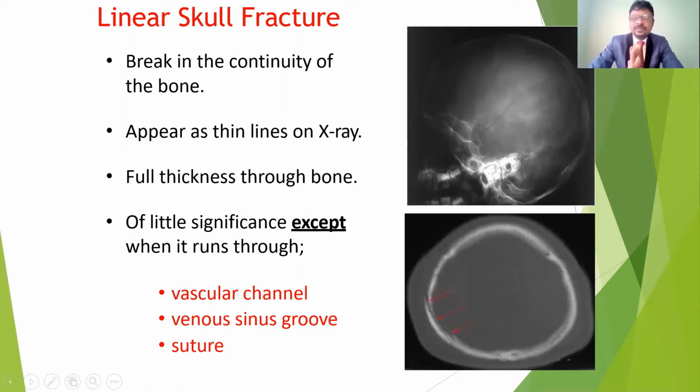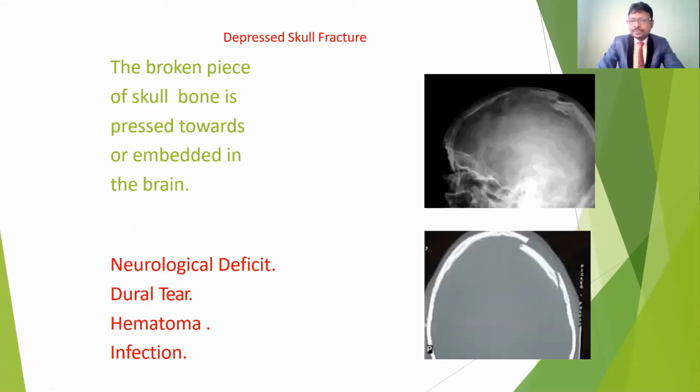If there are no complications, it is going to heal automatically. But in case of other complications, sometimes we cannot find the fracture anywhere. In those conditions, we have to check for vascular channels, venous sinus grooves, and suture areas, and observe thoroughly. Then we can easily find where the fracture is.